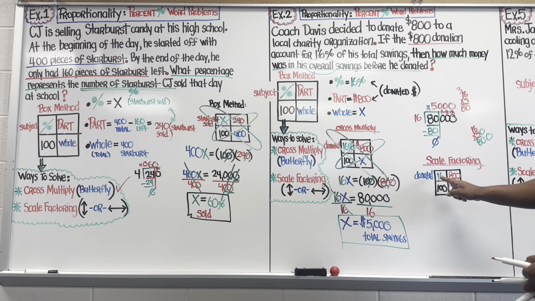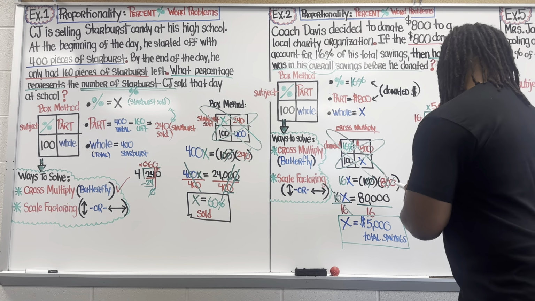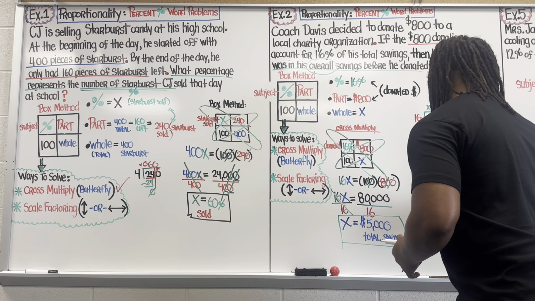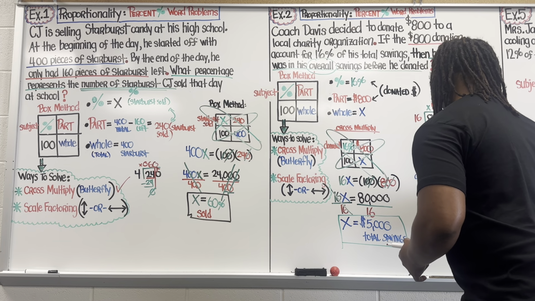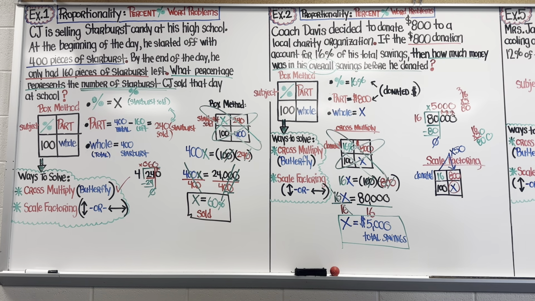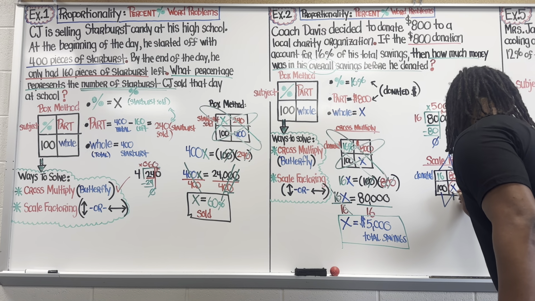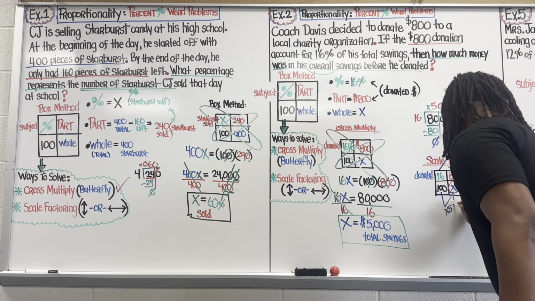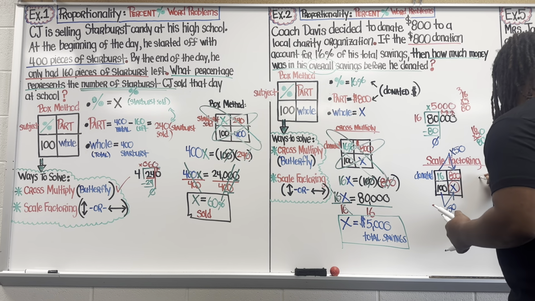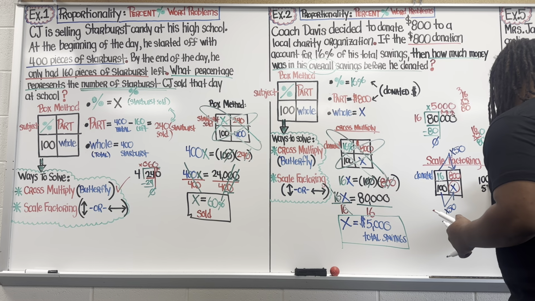So I know for a fact that I had to multiply 16 by 50 to get to 800, because 800 is 50 times bigger than 16. So that's what I had to do. So if I had to multiply 16 times 50 to get to 800, I would have to do the same thing going from 100 to X. So if I multiply 100 times 50, let's see if we get that same answer. So I have 100 and I have 50.